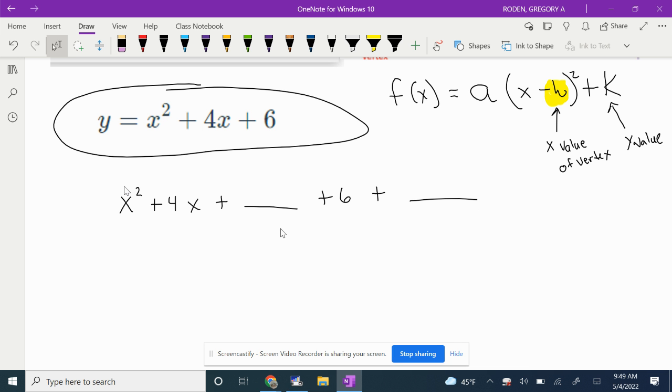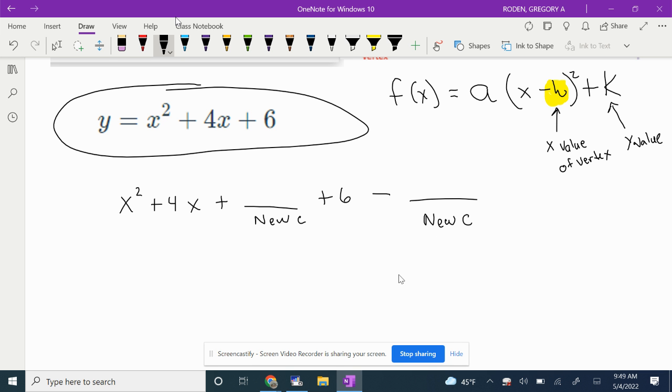What this blank is going to be is my new C. Oh, by the way, I'm not going to say plus, I'm going to say minus. Why would I do one plus and one minus new C? It cancels out.